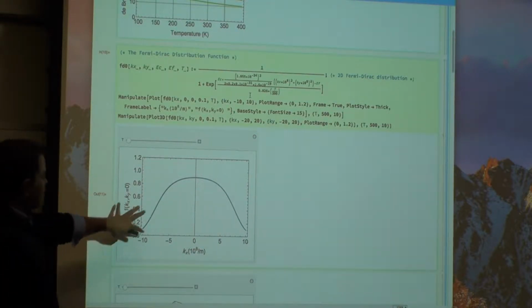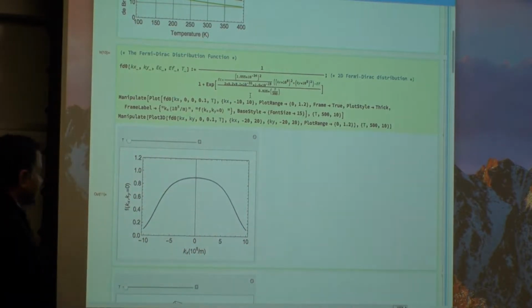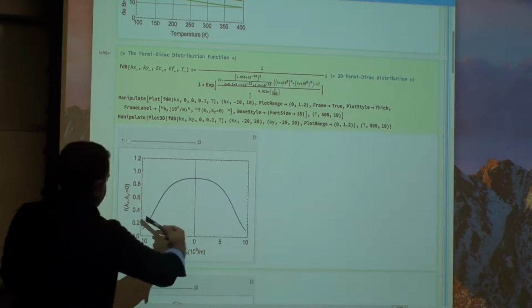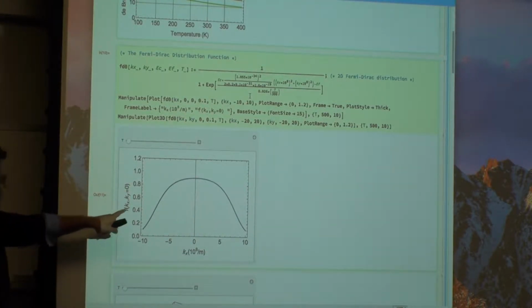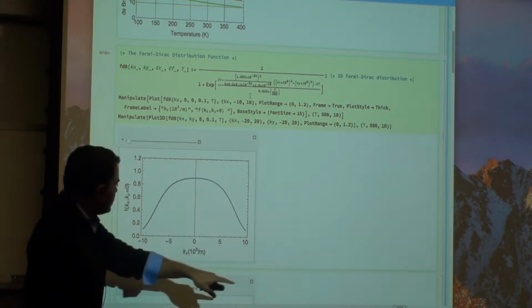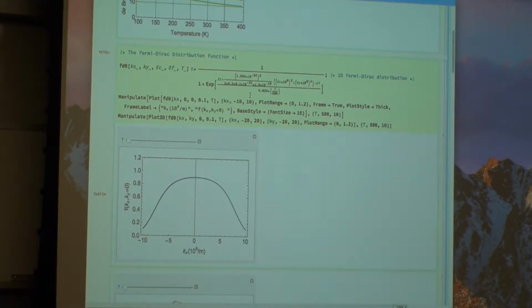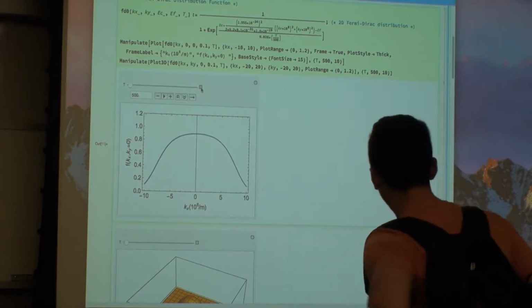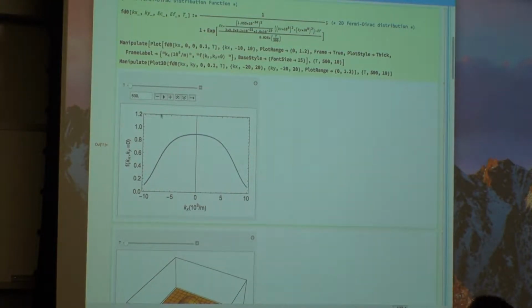I'm plotting here just for a two-dimensional system with kx and ky, but this plot is against kx, and this is the distribution function, the occupation function, at all kx for ky equal to 0, so you're just taking a slice through the kx-ky plane. And again, this is just the Fermi-Dirac distribution, so there's nothing very interesting other than that at finite temperatures of 500 Kelvin, there's a certain spread to the carrier distribution in K space.